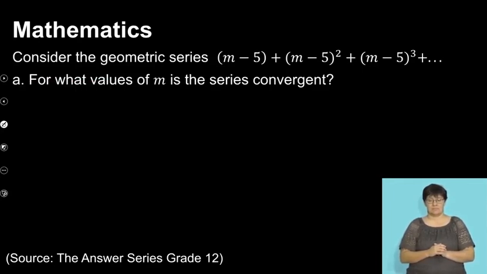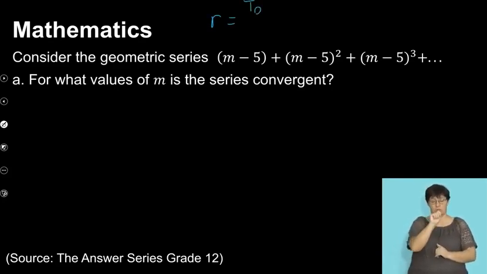So, if I'm going to be calculating the common ratio for this example, I need to see what each term has been multiplied by to get to the next term. So I know that I can commonly write the common ratio is equal to term 2 over term 1.